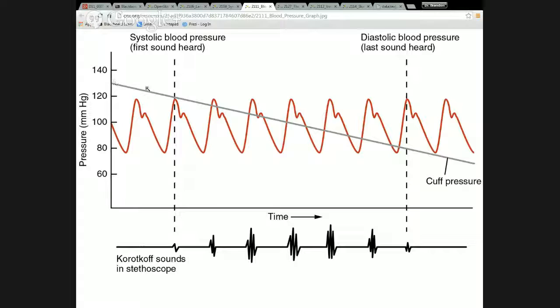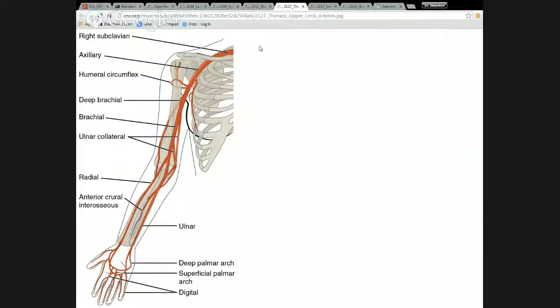Now, the line here represents the pressure that's applied by a cuff, a blood pressure cuff, wrapped around the upper arm. Now, in the upper arm, what we're wrapping that cuff around are these major arteries. The main one that we're interested in is the brachial artery. Okay.